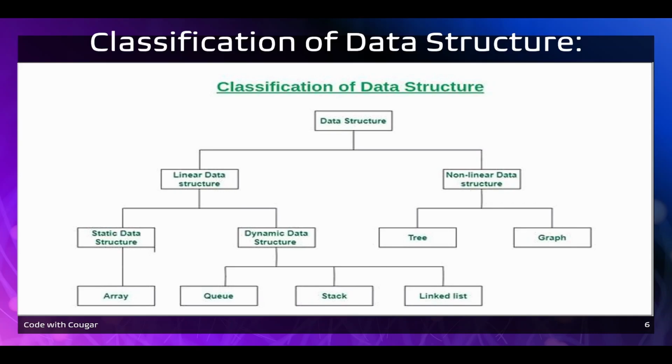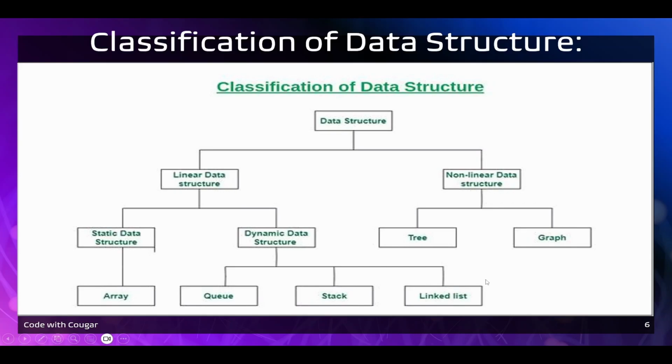This means that each element is connected to its previous element and its next element, forming a linear chain of data. Examples of linear data structures include arrays, linked lists, queues, stacks, etc. In the case of an array, we saw each element was after each other, and in the case of a linked list, we saw that each element was linked using a pointer.